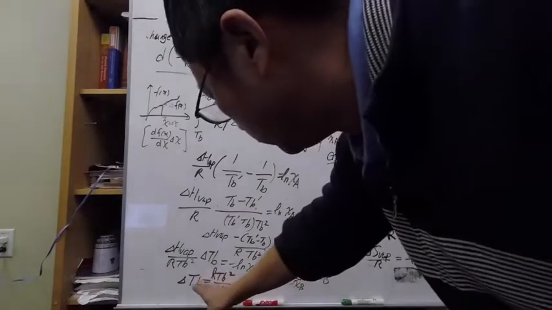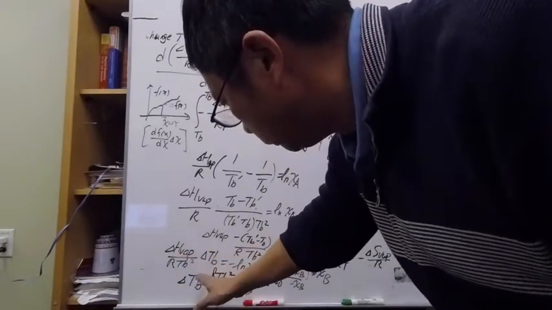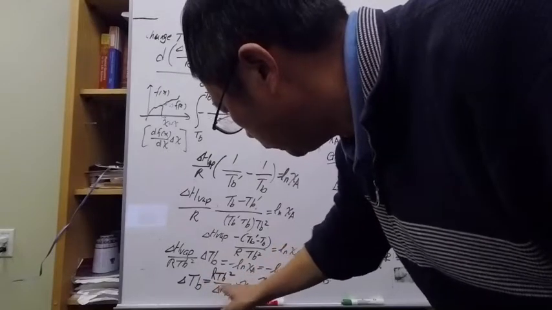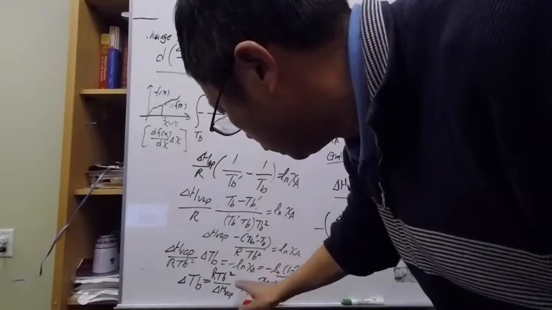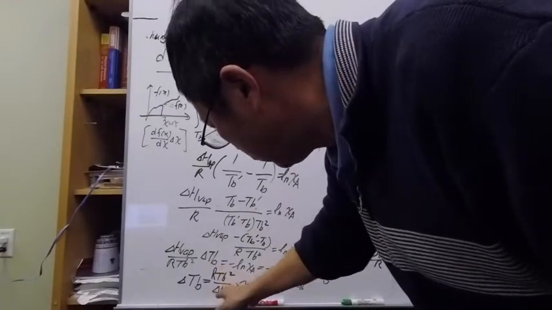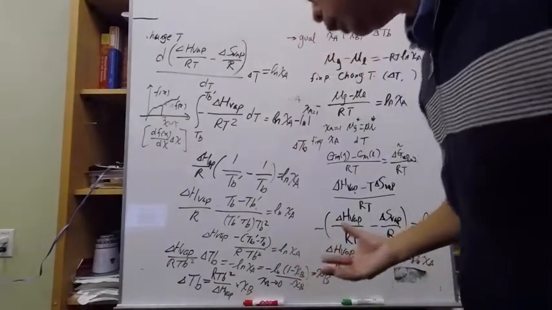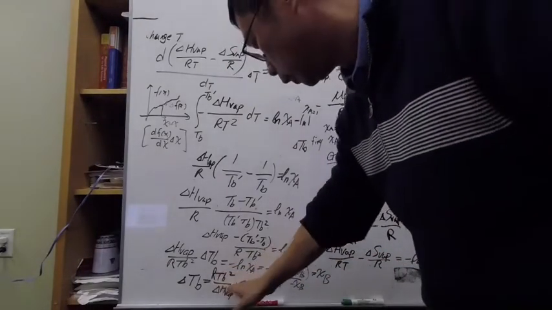So the delta T_b, which is the boiling point change, can be related to the mole fraction of the solute by R T squared over delta H vaporization. The left-hand side, for most situations when we deal with small changes, we can consider a constant.